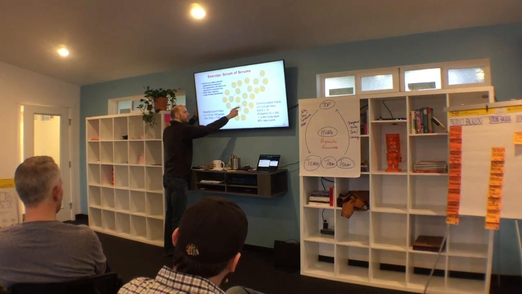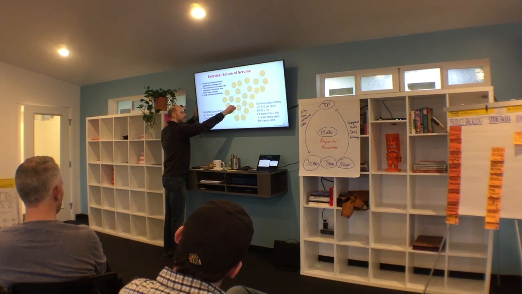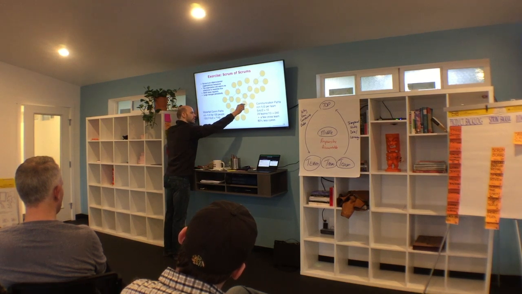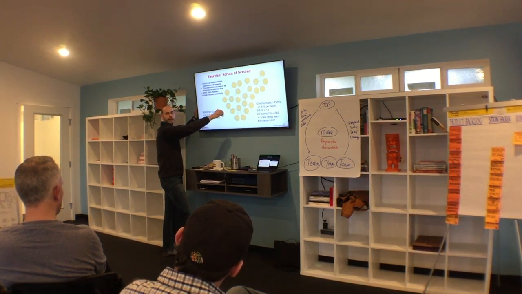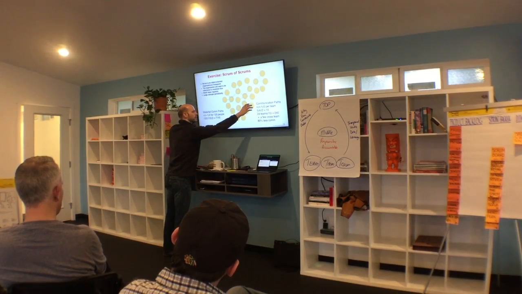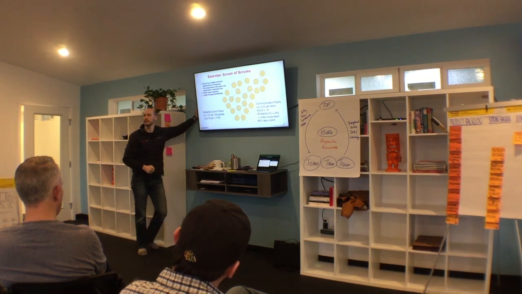So if something this Scrum of Scrums demos is going to go into the backlog for these teams, they're going to go to each other's Scrum of Scrums. So in this case, these teams go to a Scrum of Scrums because they integrate their product together. These teams go to the Scrum of Scrums because they integrate their product together. Then they have a joint Scrum of Scrums because they integrate their product together.